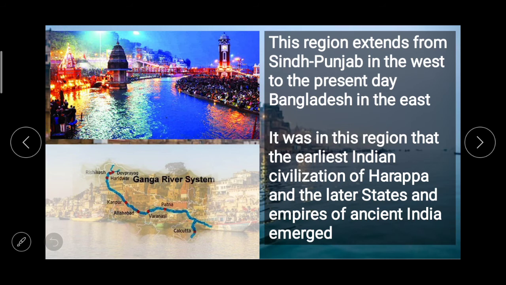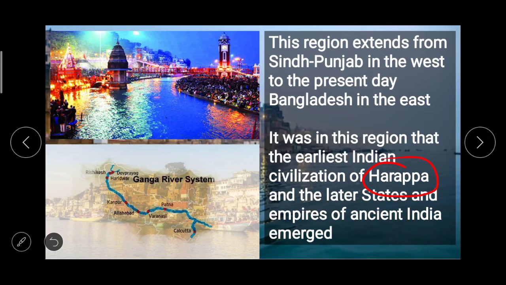This region extends from Sindh, Punjab in the west to the present day Bangladesh in the east. It was in this region that the earliest Indian civilization of Harappa and the later states and empires of ancient India emerged.